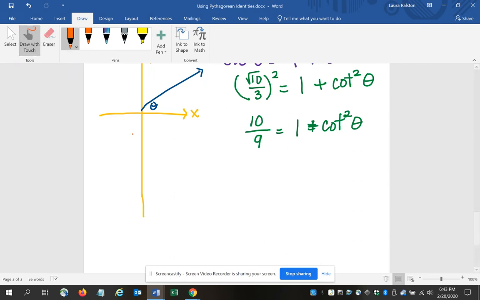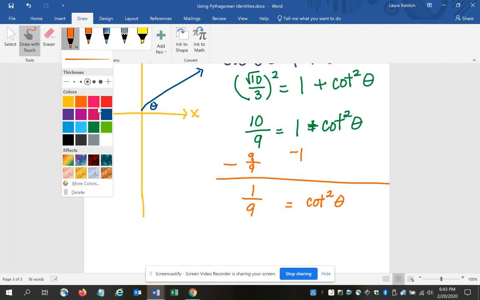Okay, I'm going to go off over here to the side. 1 is the same thing as 9 over 9. So I have 10 ninths minus 1 ninth, which is positive 1 ninth, and that equals the cotangent squared of theta.